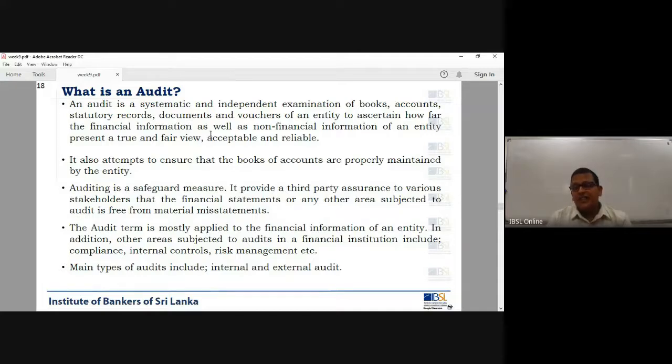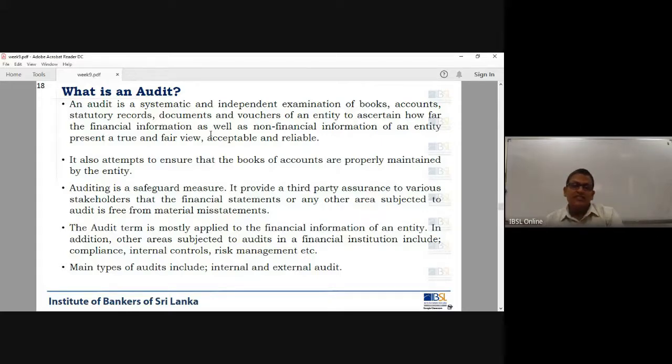So if the companies in that industry are affected, even though it is not financial information, it is non-financial information, but it is important and will affect their profitability. Sometimes it may affect their going concern. So when the auditors examine the books, accounts, and statutory records, they have to consider non-financial information of the entity as well.